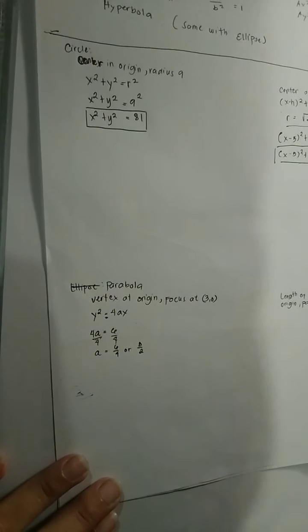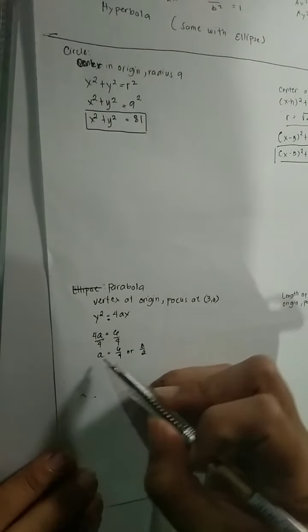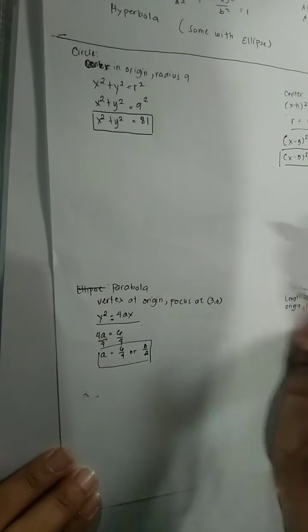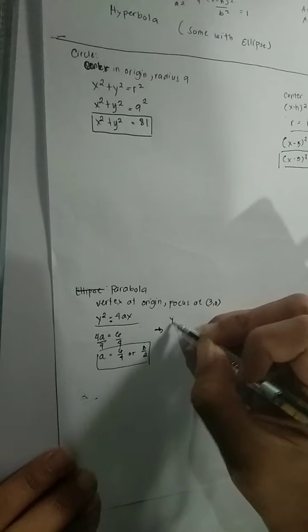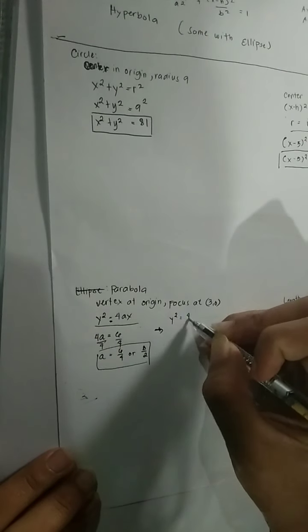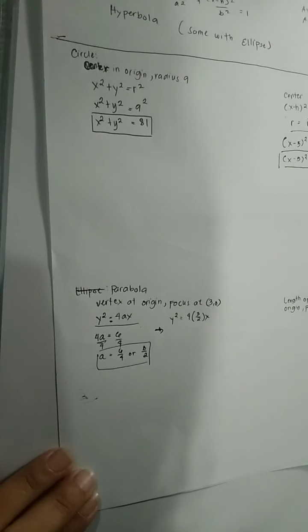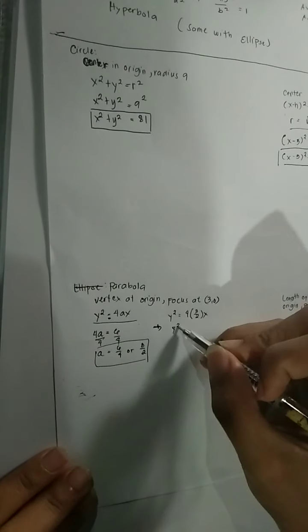Then substitute the value of a into our first equation. That would become y squared is equal to 4 times 3 halves x.